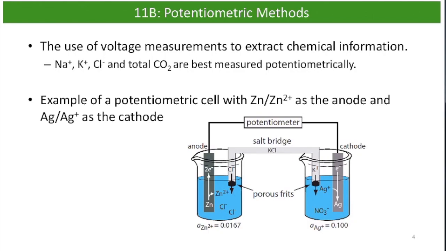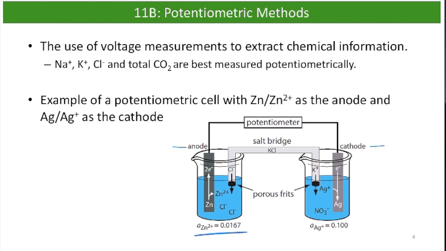But as you can see, the electrochemical cell is separated into both an anode and a cathode. So the anode is on the left, the cathode is on the right, and each of the anode and cathode contain half of the reaction that has to be present in order for this potentiometer to work. So on the left-hand side, we have everything to do with zinc.